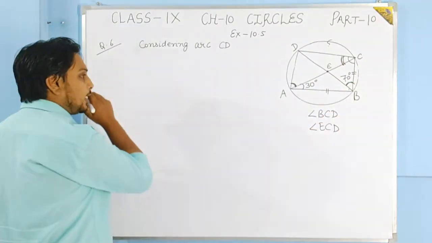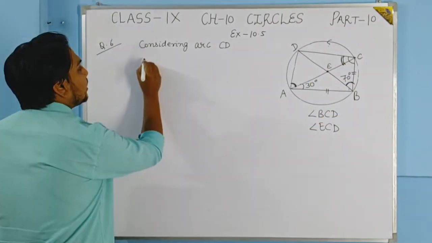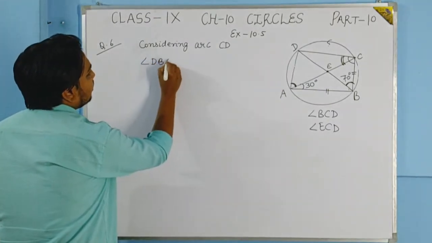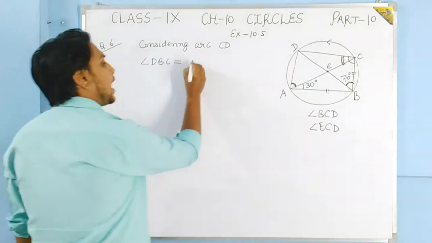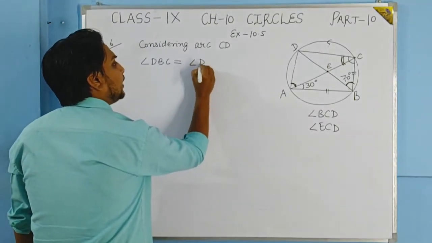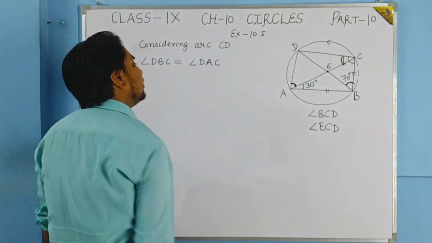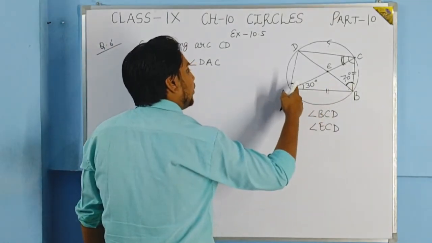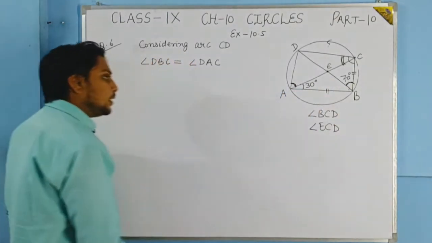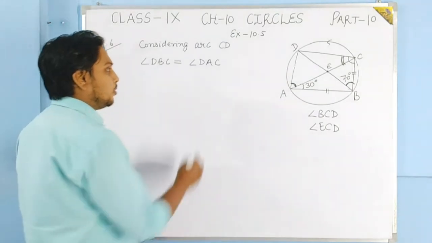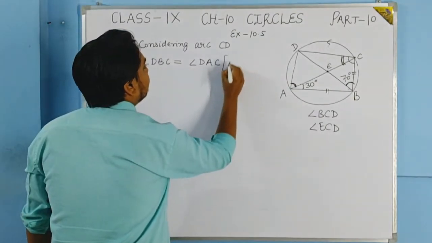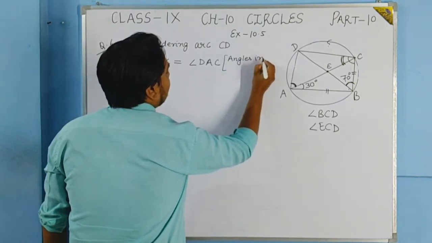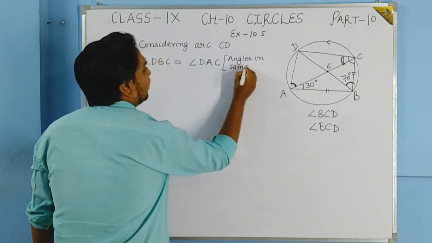What is the reason? I am saying that angle DBC is equal to angle BAC. What is the reason behind it, students? That this angle is equal to this angle. Why? Because they are angles in the same segment.